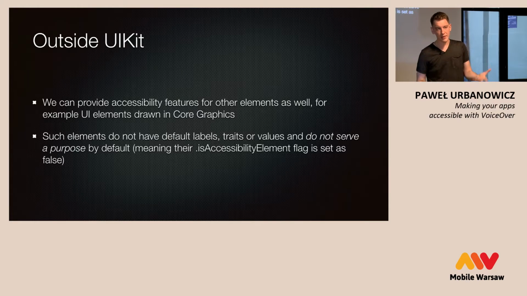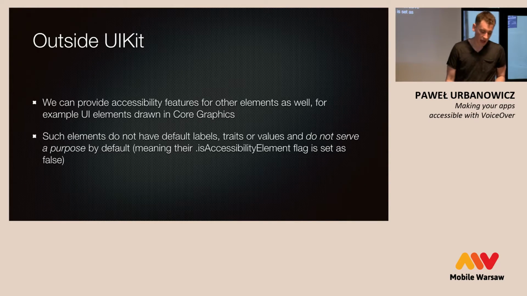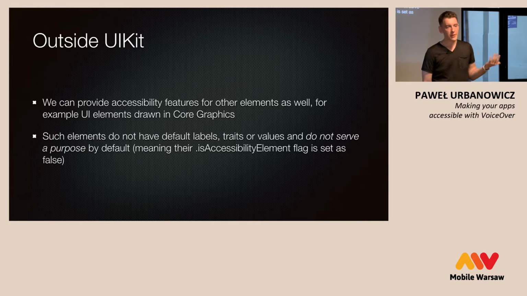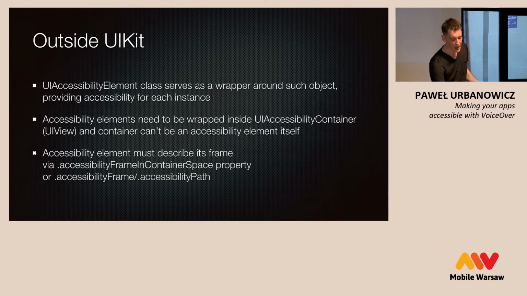So it's not going to be accessible, and actually the properties I've been telling you about a moment ago are not there out of the box as they were with UI controls. So if we want to make our custom drawing accessible, we can use the UIAccessibilityElement API.